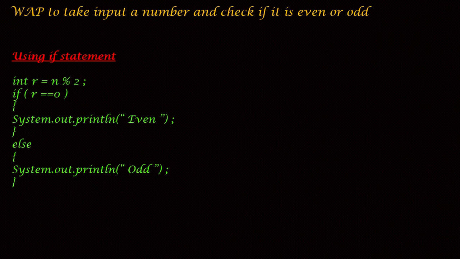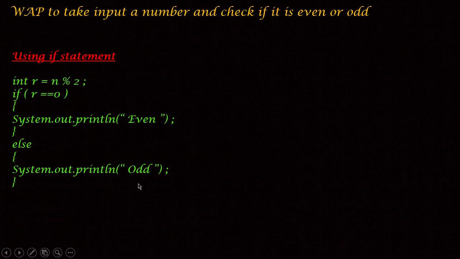Because even numbers are divisible by 2. Divisible by 2 means if I divide that number by 2, my remainder will be 0. So what is r storing? r is storing the remainder of my number when it is divided by 2. If my remainder comes as 0, then it is an even number. Otherwise, it is an odd number.